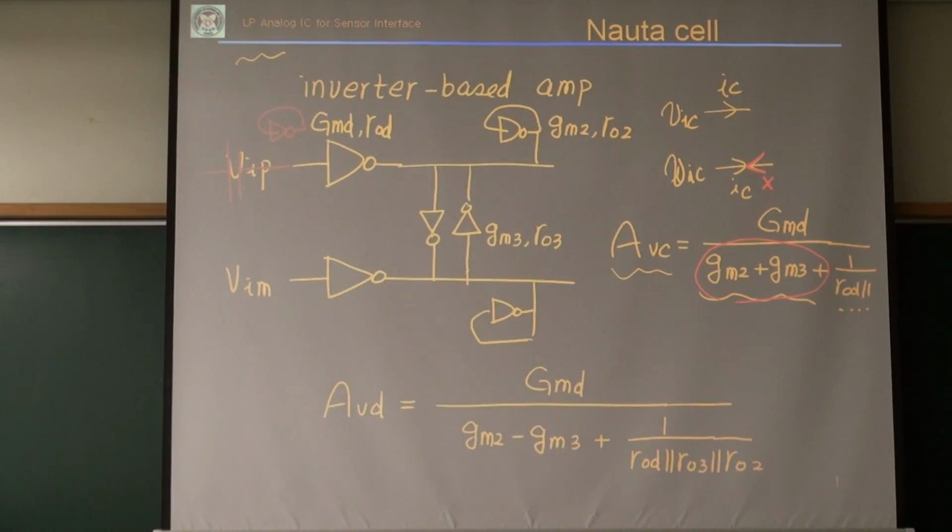I can just directly connect it, or maybe I can use some large resistance in between, okay? Yeah, this is biasing, right? Something like that. That's AC coupling.